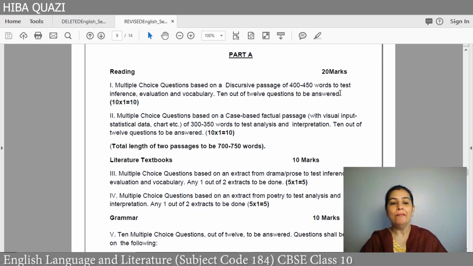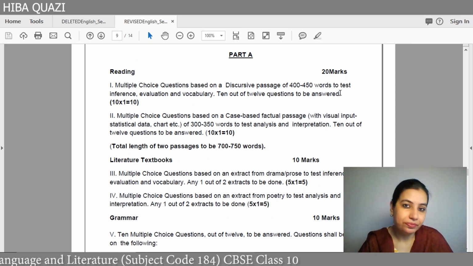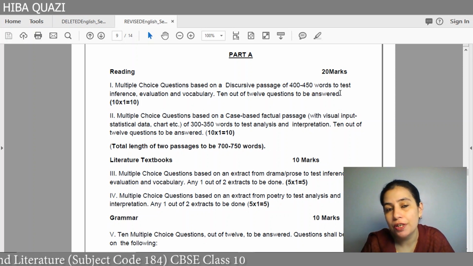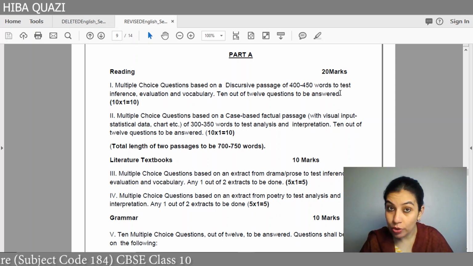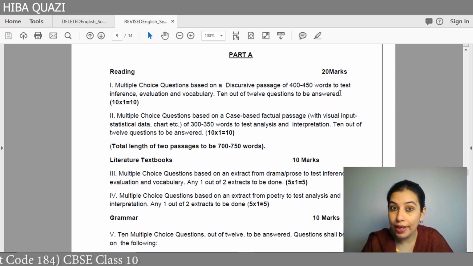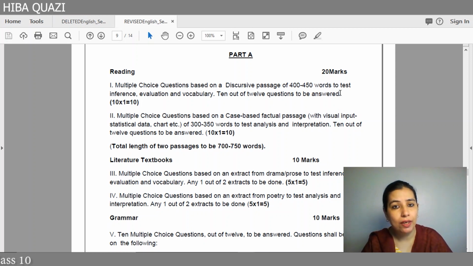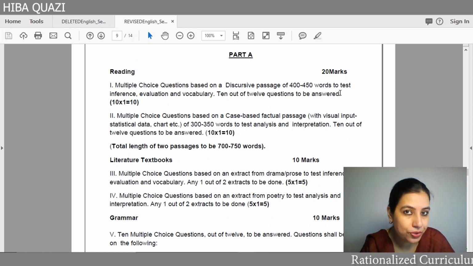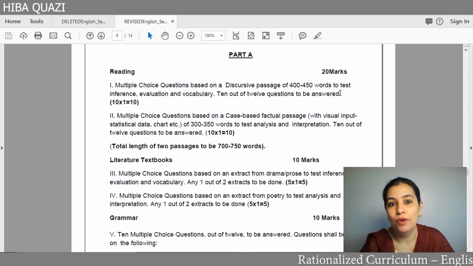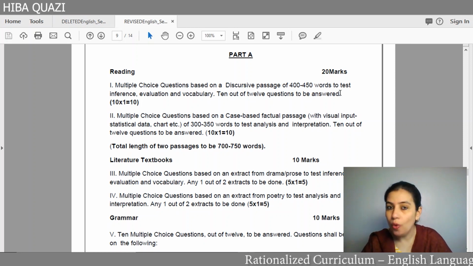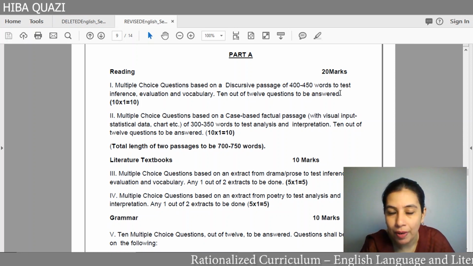From the looks of it, it appears to be a very student friendly and very scoring kind of a paper, but it is also going to be very tricky, because if you have ticked the wrong option, it is a clear wrong. There is no chance of getting half a mark here.